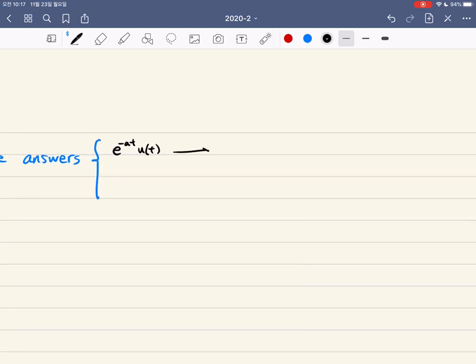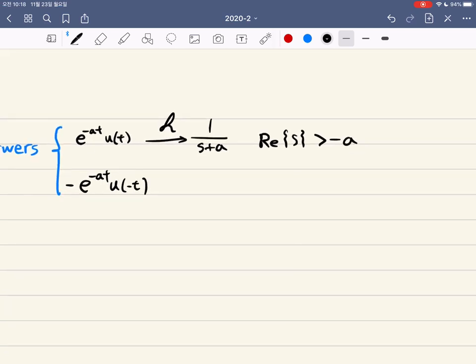You know that this becomes 1 over s plus a with the Laplace transform with this kind of region of convergence. However, the answer will be minus e to the minus a t times the reversed unit step function if you have the different ROC.